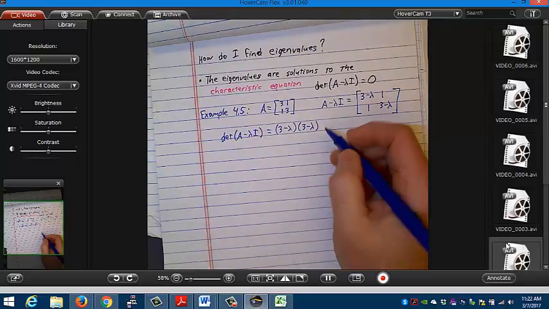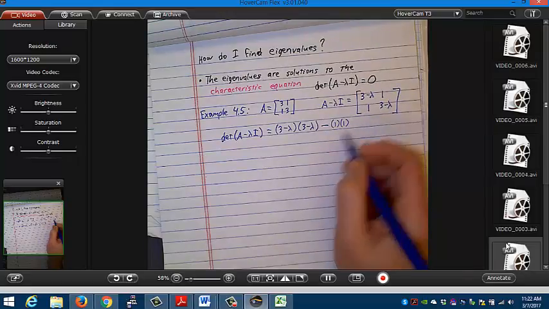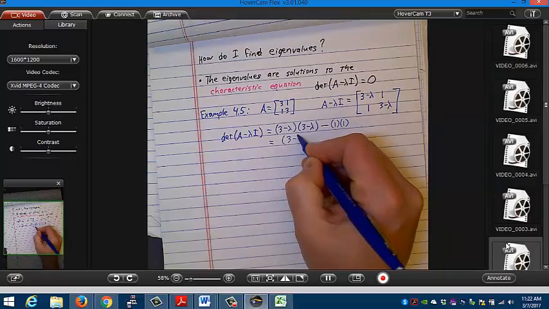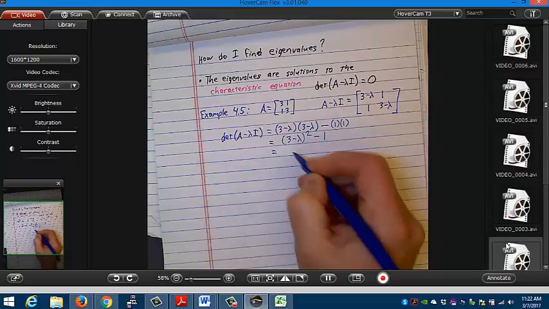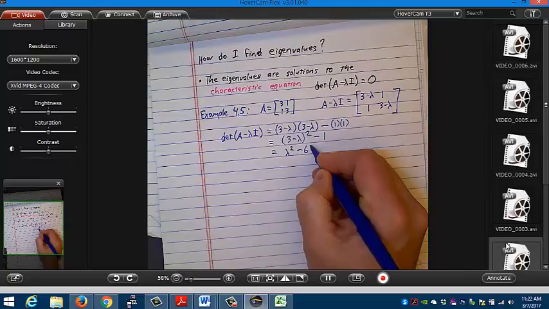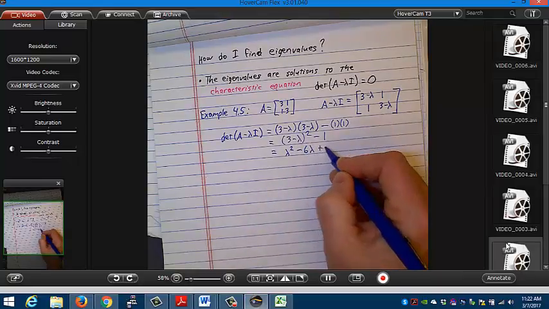And then what? Minus 1. Yeah, because it's minus 1 times 1. So it's 3 minus lambda squared minus 1. And I guess if I work that out and put it in order, I get lambda squared minus 6 lambda. Then I get plus 9 minus 1, so I get plus 8.